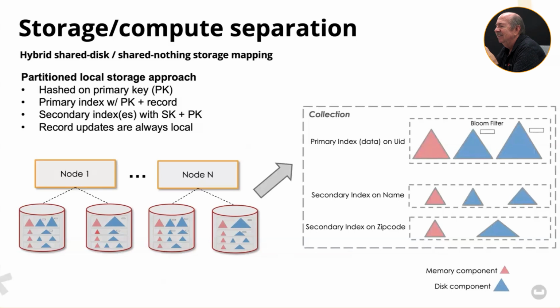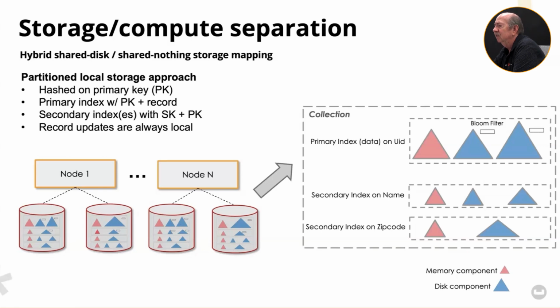We take your data and its indexes, and we partition that into a bunch of storage partitions, and which piece of data goes where is based on hashing on the primary key of your collection. Maybe we've got information about users, and so the user ID is the primary key, and we're going to hash the data based on the user ID. So a given user will be in exactly one of those storage partitions.